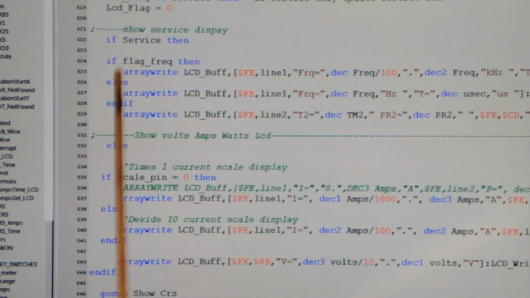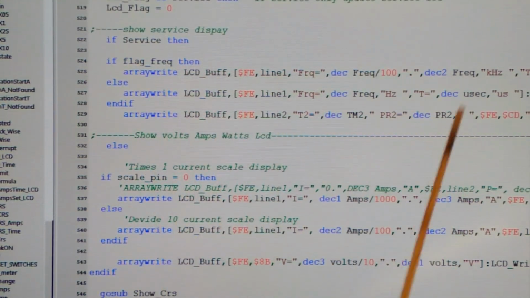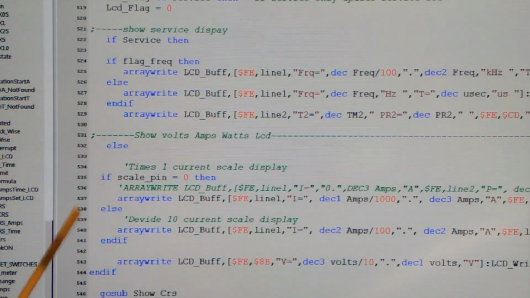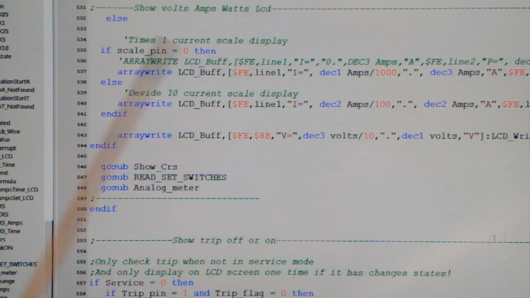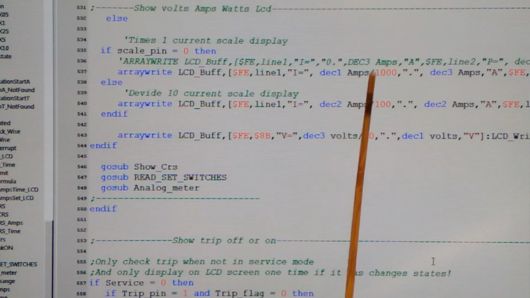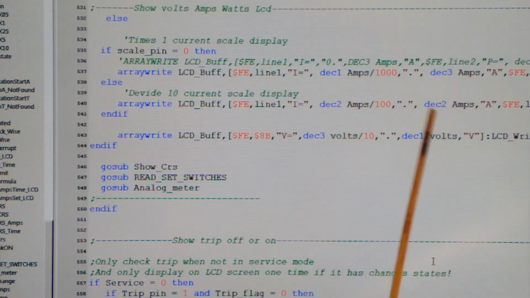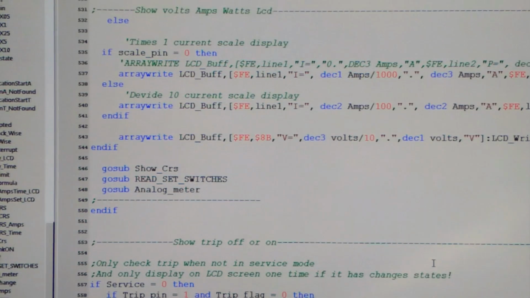So that's the display, by the way, the internal service. In a normal situation I don't show that. So when I'm showing the current and your voltage is here, I'm displaying your amps, I'm displaying the voltage, I'm displaying the power, and so that's that.